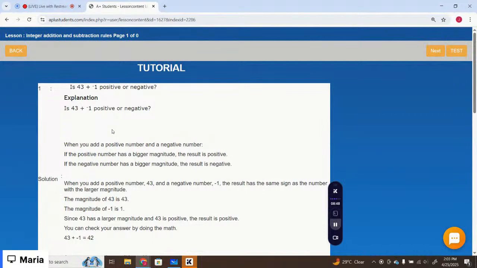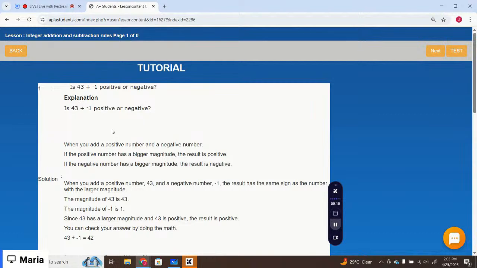The first lesson is integer addition and subtraction rules. These are the rules that we apply when we're adding or subtracting integers. Is 43 plus negative 1 positive or negative? When you add a positive number and a negative number, if the positive number has a bigger magnitude, the result is positive.